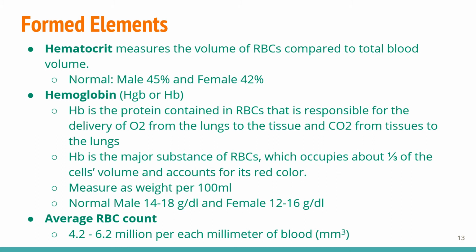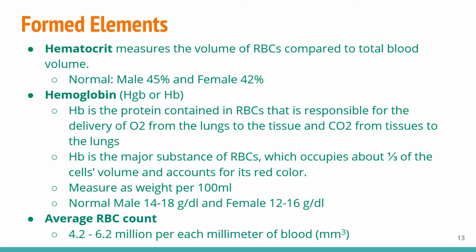So a normal hemoglobin level, and you're going to need to know these numbers, is 14 to 18 grams per deciliter for a male, and female is 12 to 16. Those values are always a little bit higher in men than they are in women.